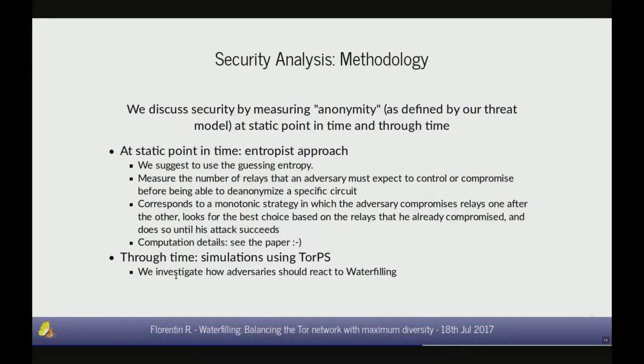It corresponds to an adversary that has nothing at the beginning, compromises a relay, then a second one, based on his previous relays, until he succeeds. And through time, we use TopEs to evaluate waterfilling, which is a great tool to evaluate path selection.